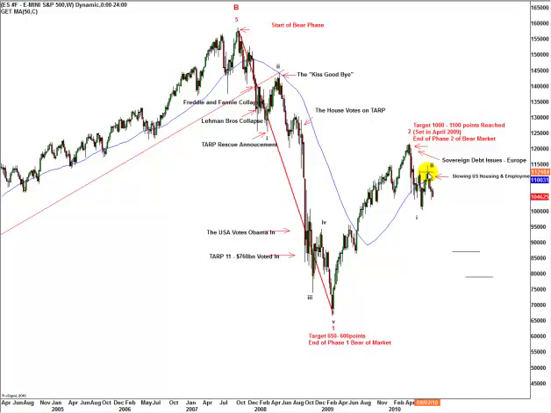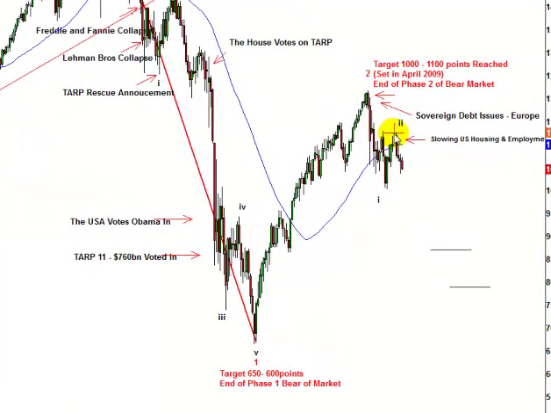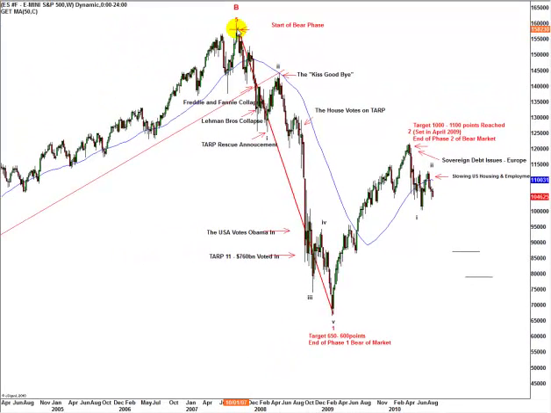From a timing perspective, that peak was made in October. Here, of course, we've come in April, but September and October were particularly weak times, and it just may be that this is what we're heading into now.